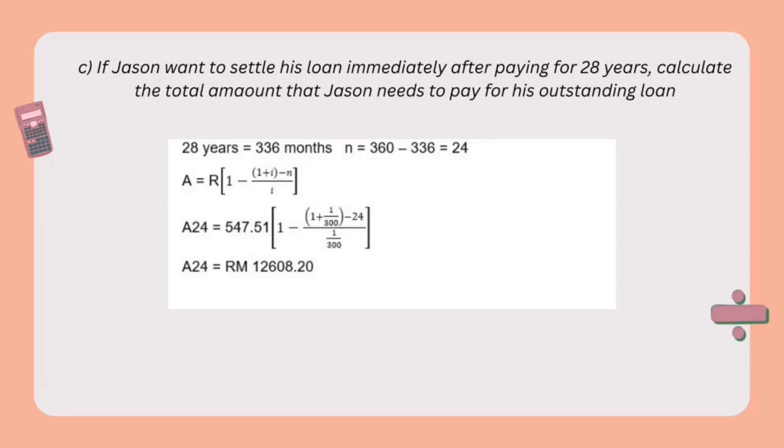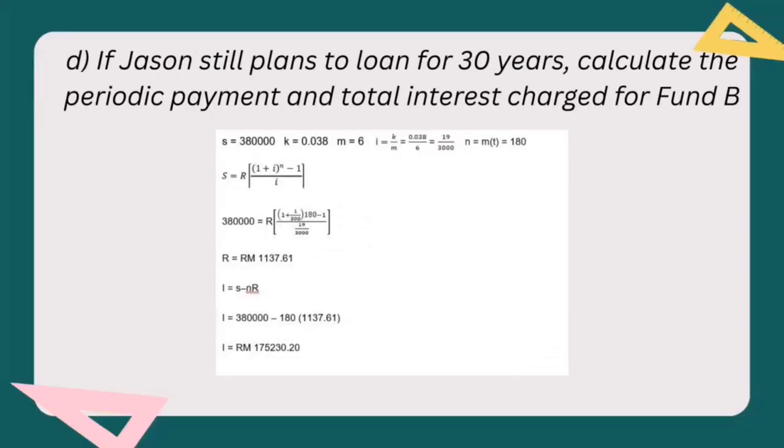The formula is A equals R in bracket 1 minus 1 plus i to the power of minus n, over i. Then we insert the values given. So the answer is RM12,608.20.